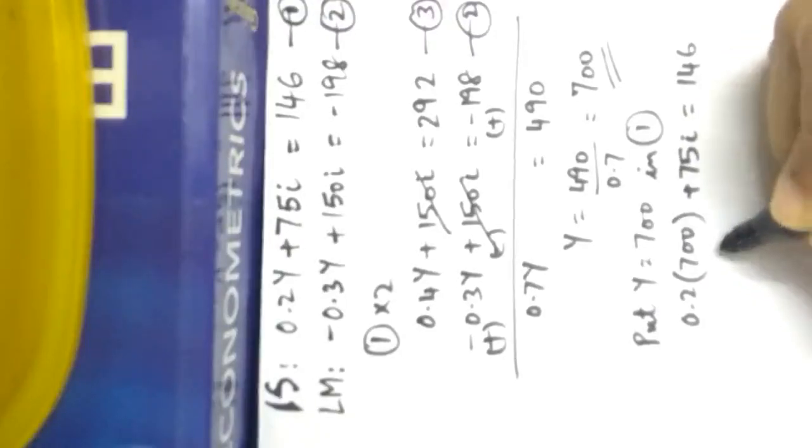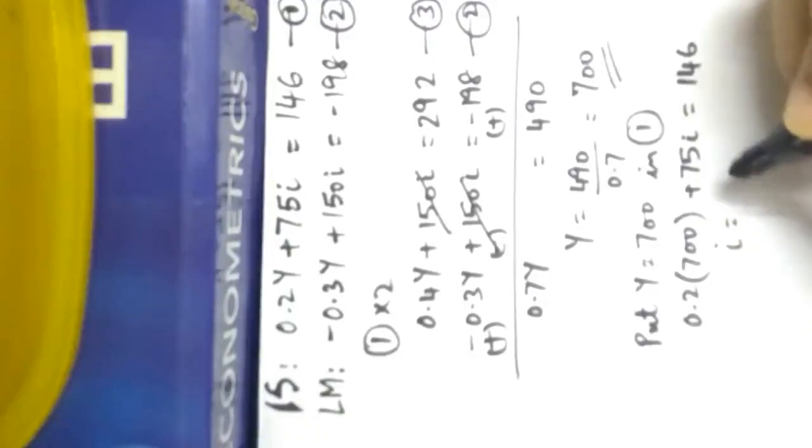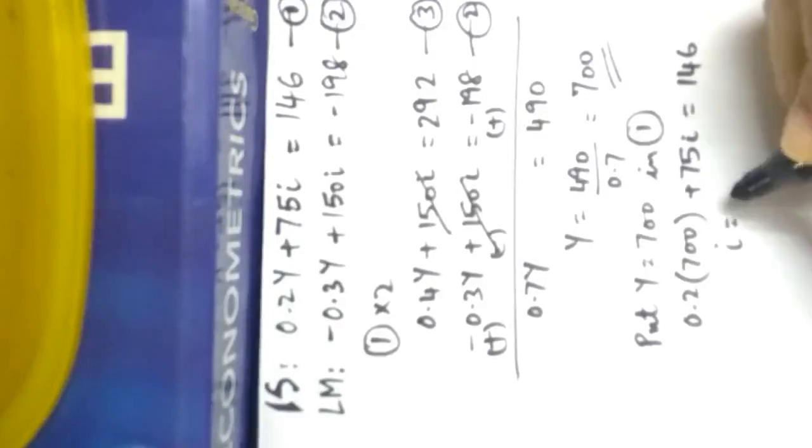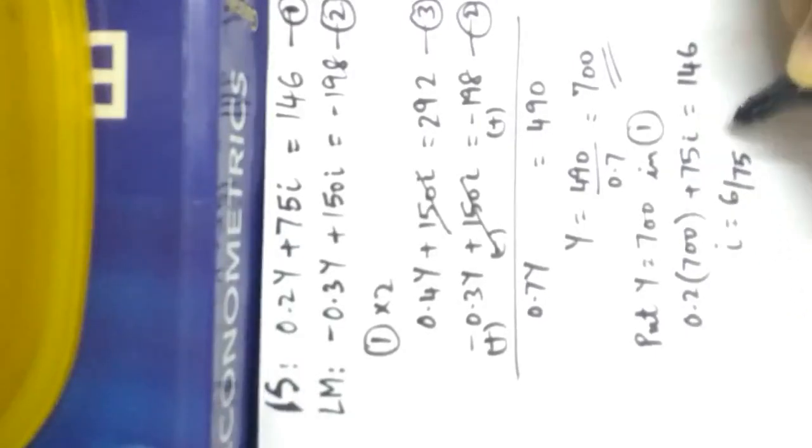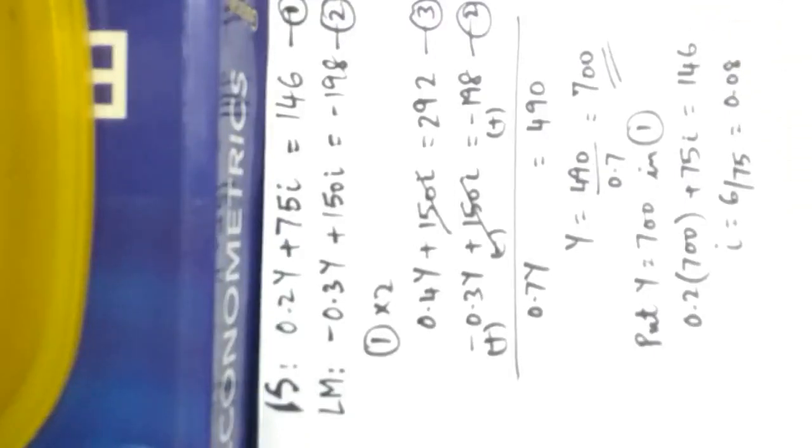If I solve this for i, I will get i equal to 6 divided by 75, which is equal to 0.08, which in percentage terms would be 8%.